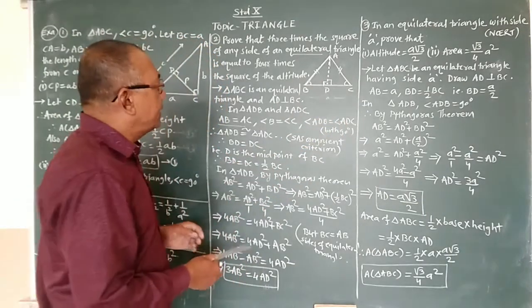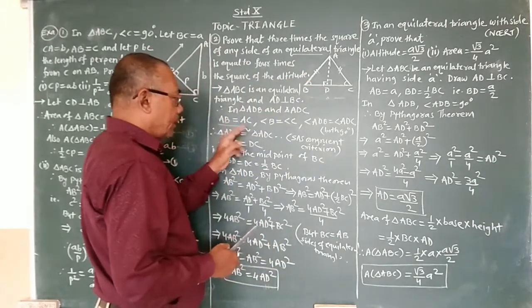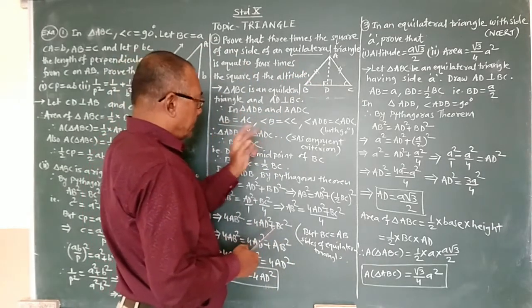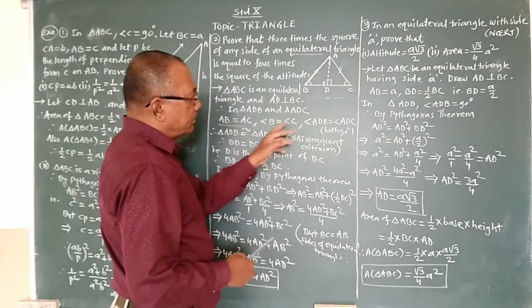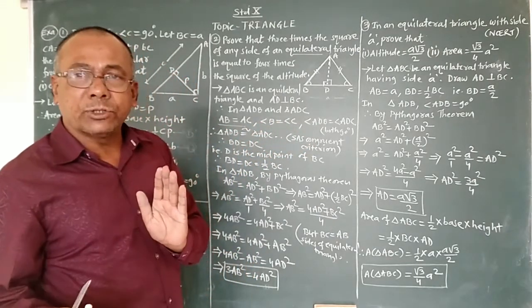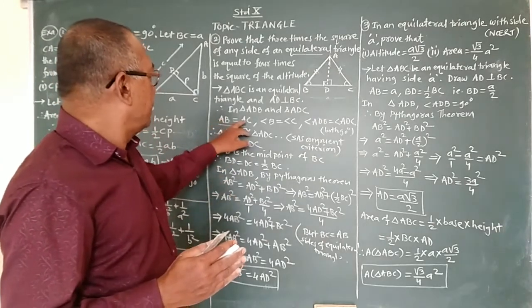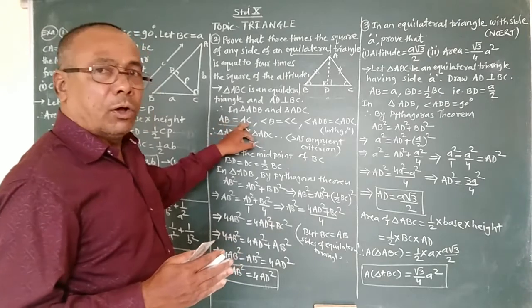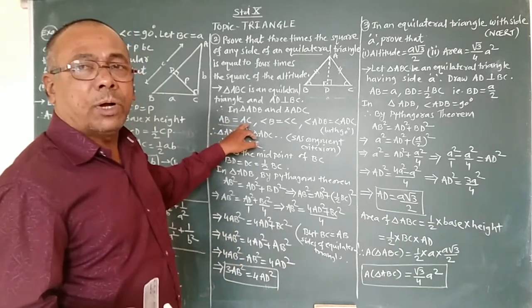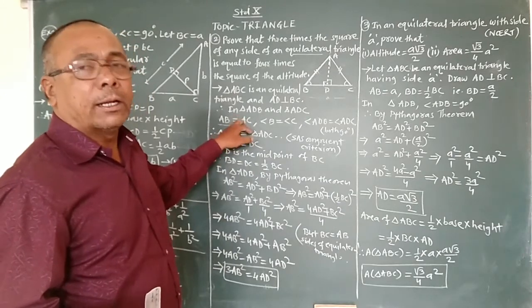Here it is seen that two angles of one triangle are equal to corresponding two angles of the other triangle. Similarly, one side of one triangle is equal to the corresponding side of the other triangle.